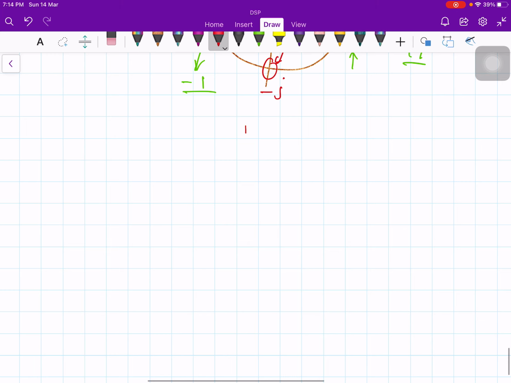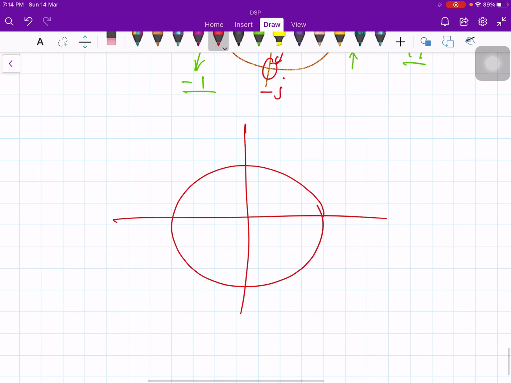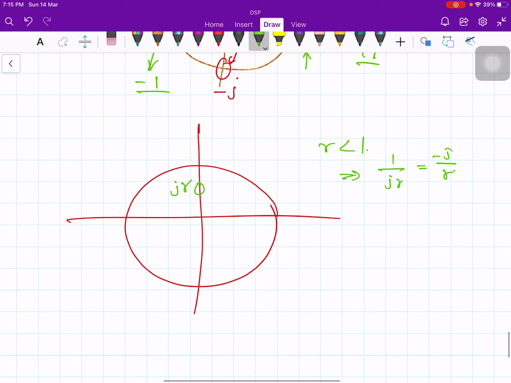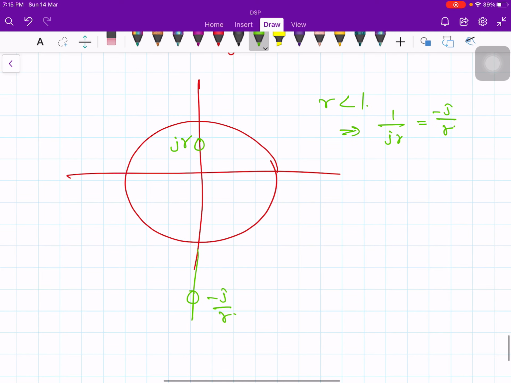Now let me take one more example. In case I have a zero at plus jr, where r is less than 1, its reciprocal is 1 by jr, which is nothing but minus j by r. So the reciprocal of jr is minus j by r. And we know that imaginary roots occur in pairs for a real system.